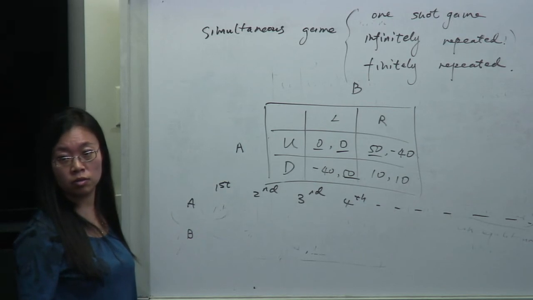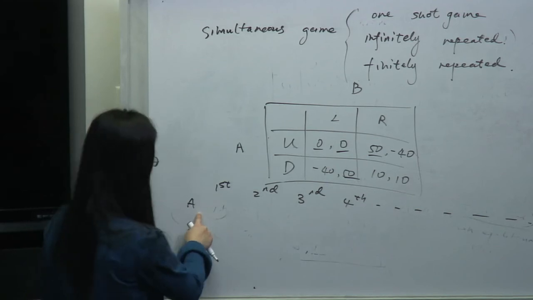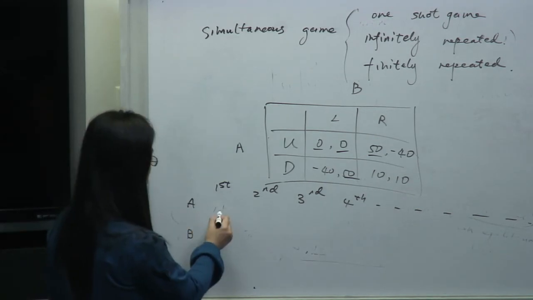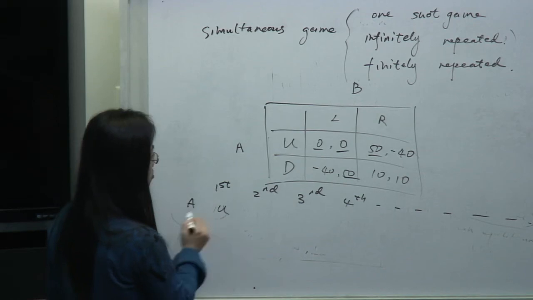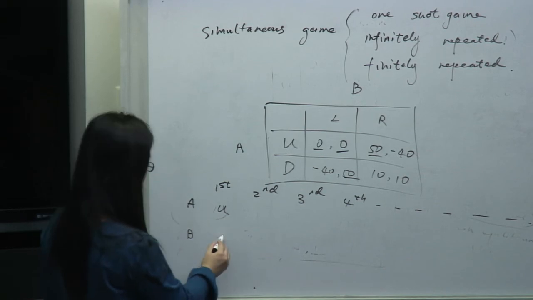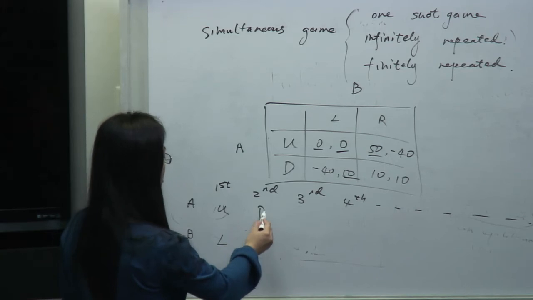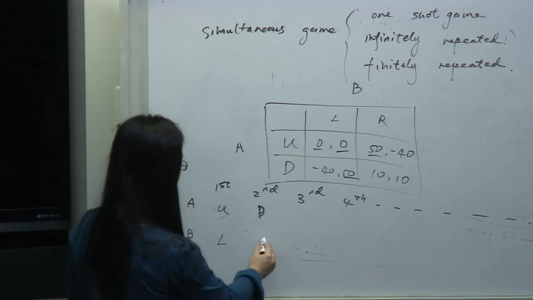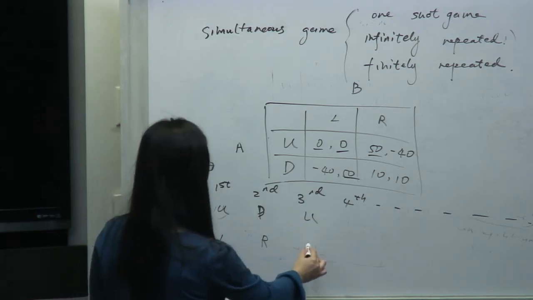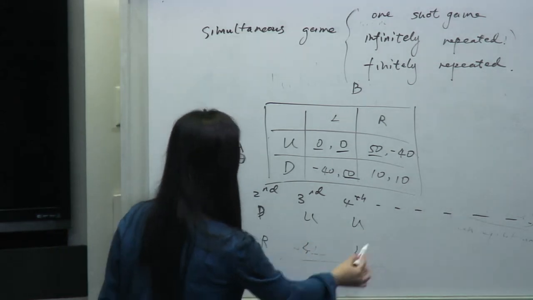So A could be choosing U and B could be choosing L. The second period could be D, R. The third could be UL, could be UL again.